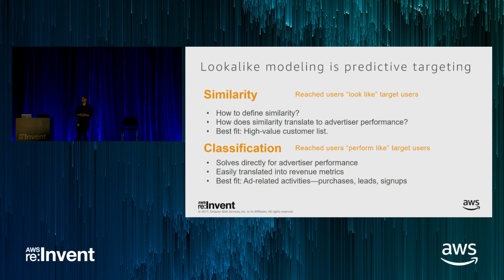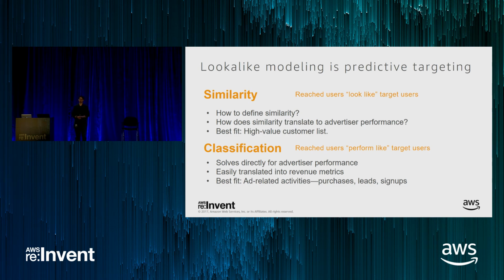The challenge with similarity-based targeting is no one knows how to define similarity. That could be a problem. And if we come up with a definition, how does that translate into an advertiser's performance? Just because two users did the same thing in the past, how does that mean that they're going to buy the same product in the future? So it works great if you just have a target list of customers that you don't really know why they're important, but you think they're important.